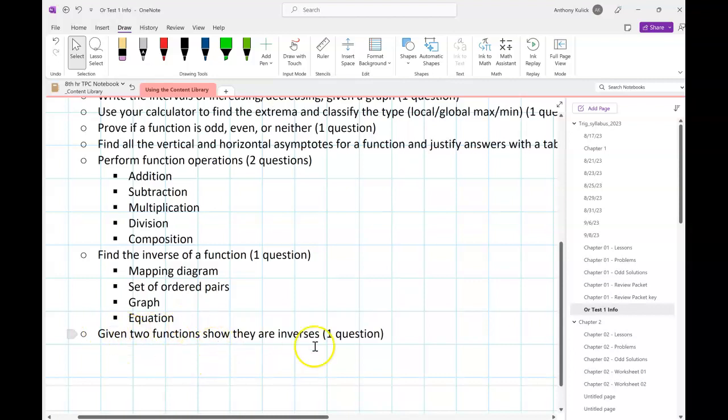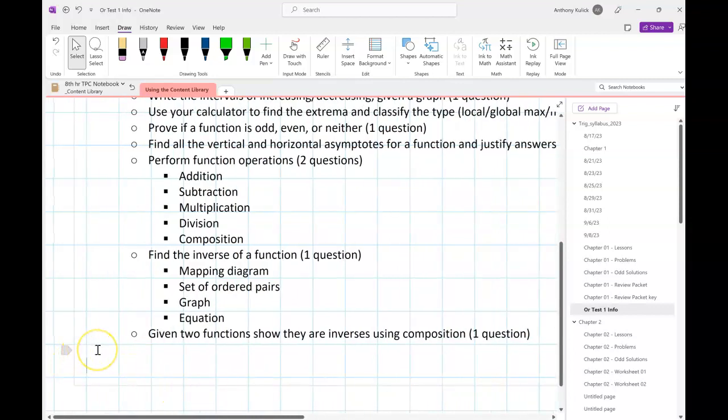And then 1 question where I give you 2 functions and I ask you to show that those 2 are inverses, using composition. So using function composition to do that, showing that f of g of x is equal to x and g of f of x is equal to x, like we've done in the notes a bunch of times, right? That's the test format. I think that's 14 questions if I count them up.